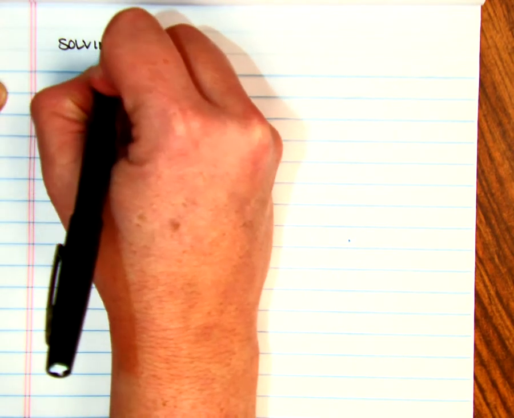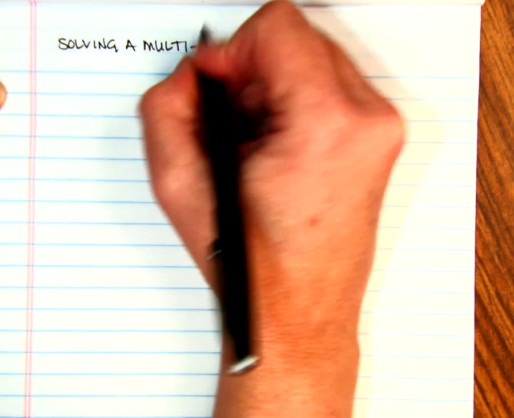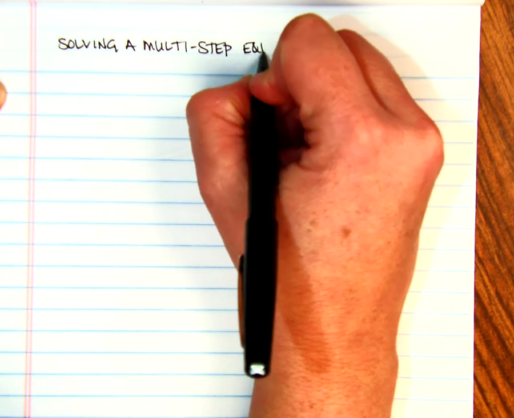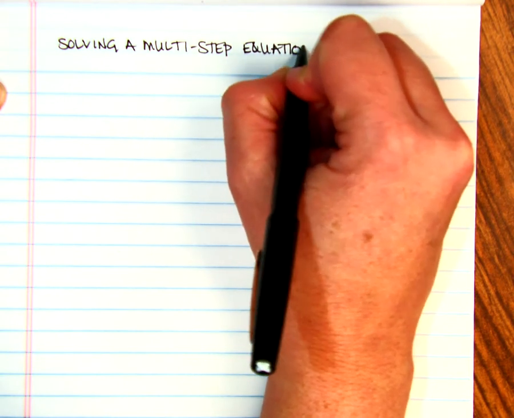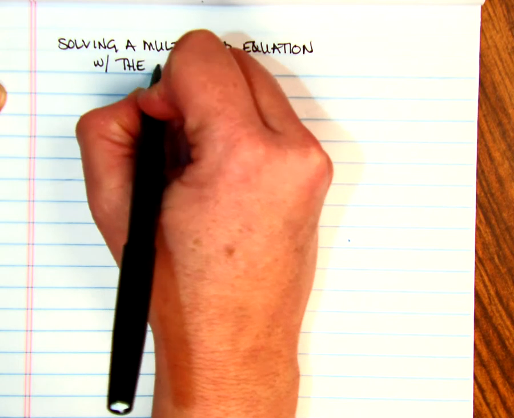Okay, so we are going to be solving a multi-step equation with the distributive property.